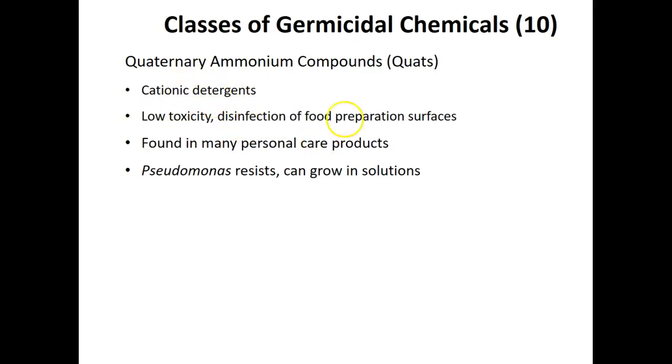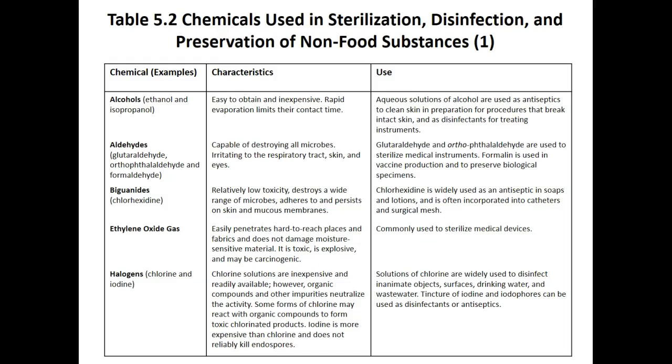Their benefit is that they have very low toxicity, and they're really useful in disinfecting food preparation surfaces. Pseudomonas does resist those quats, and it can grow in those solutions of quats as well.